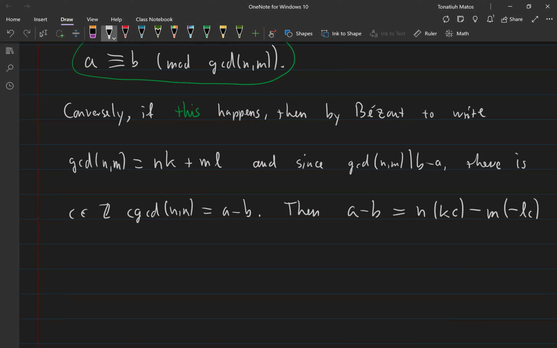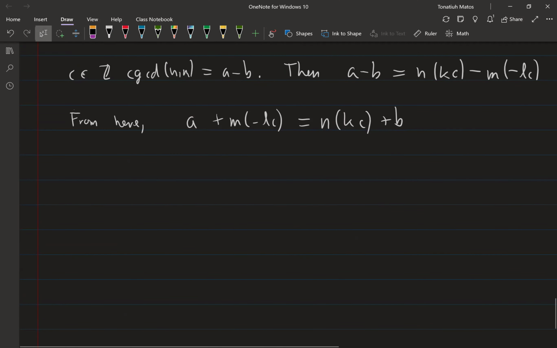Okay. From here, what if I just write a plus m times minus lc, and put the b on the other side, right? So to put b on the other side, this is nkc plus b, and I'm done. Why am I done?